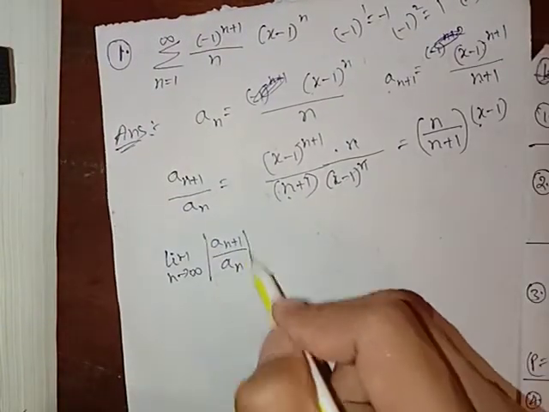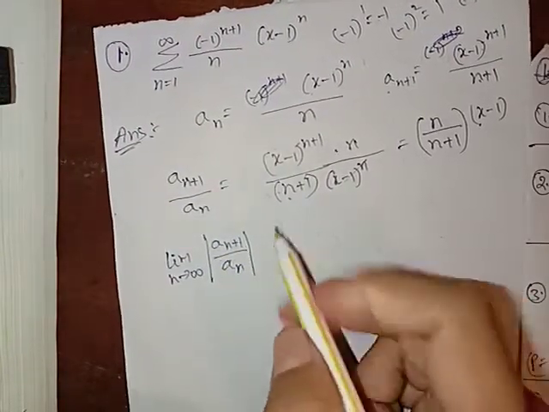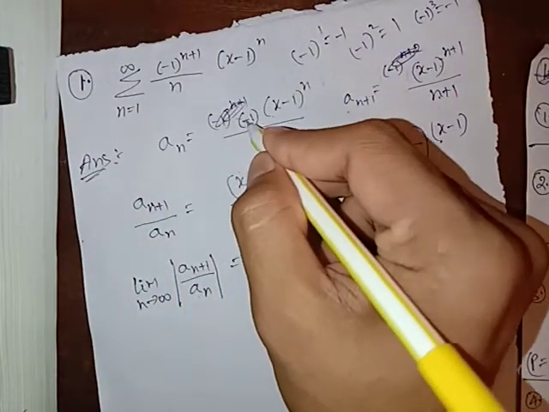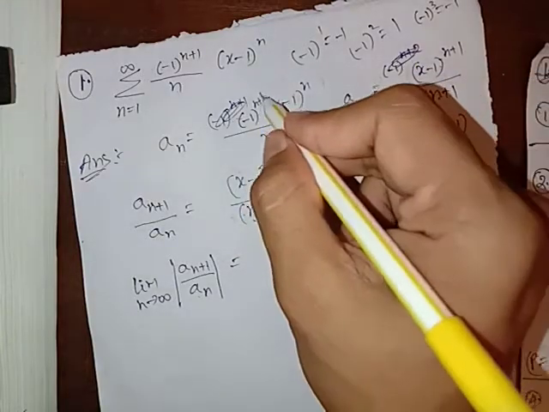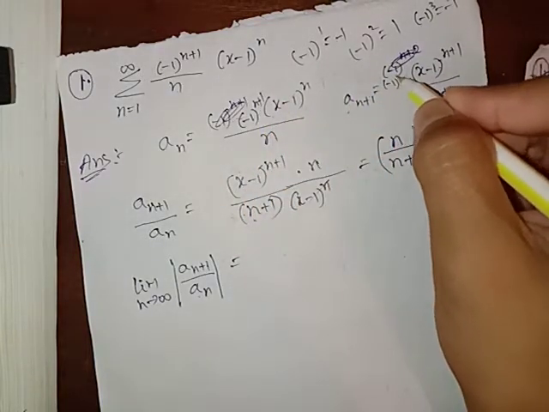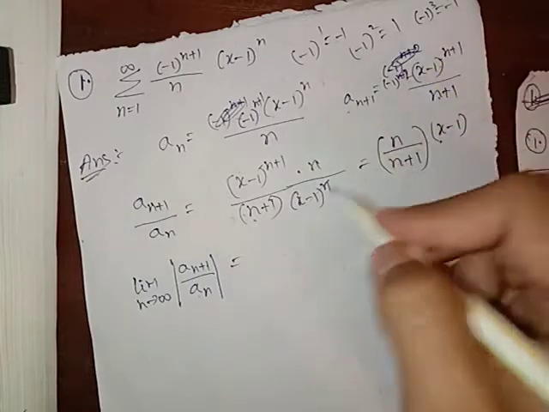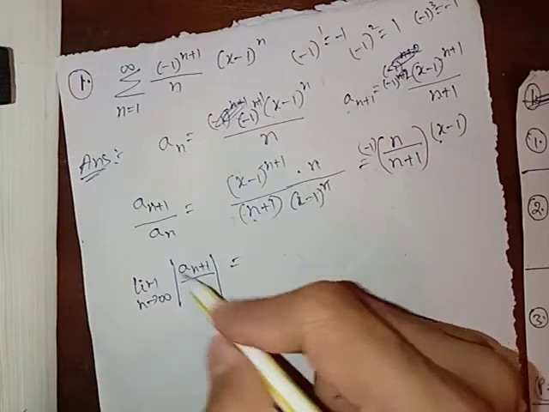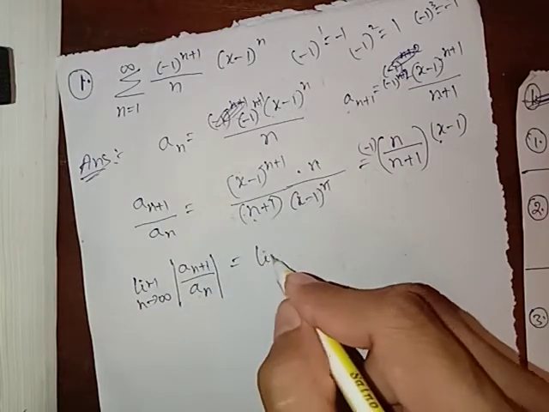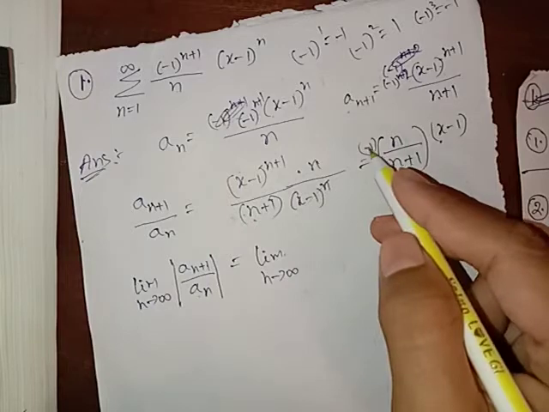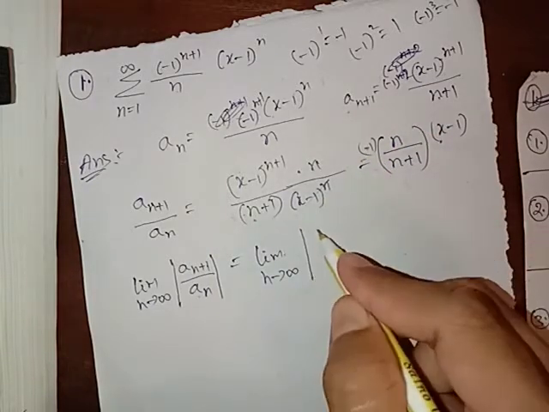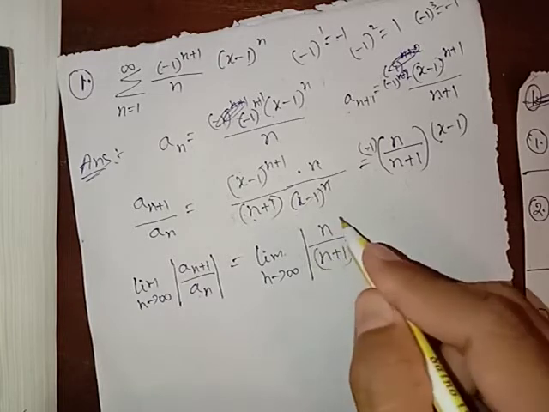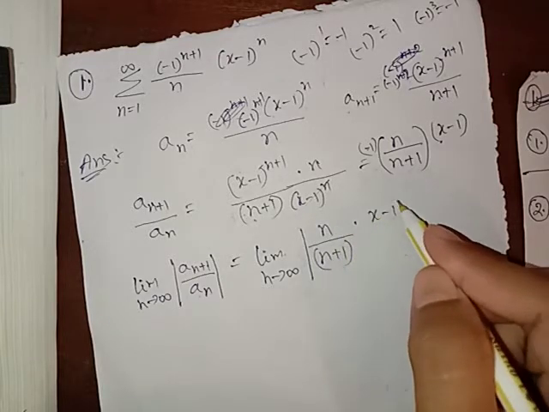Minus 1 raised to n plus 1 and minus 1 raised to n plus 2, on dividing we get minus 1, but on taking the modulus, minus 1 becomes plus. So we get the limit as n tends to infinity of n divided by n plus 1 into modulus of x minus 1.